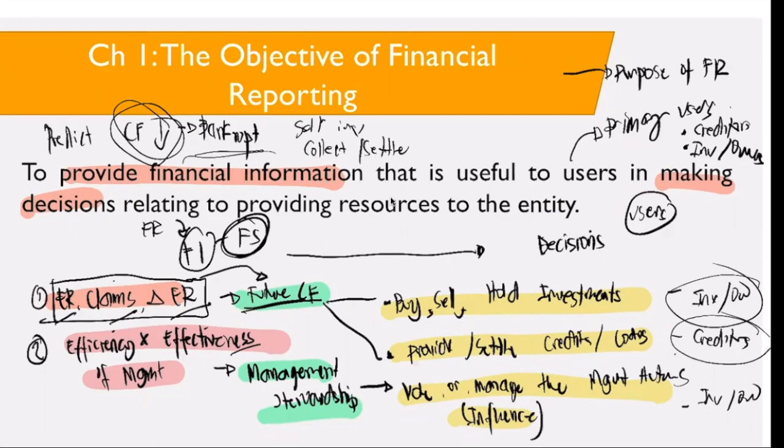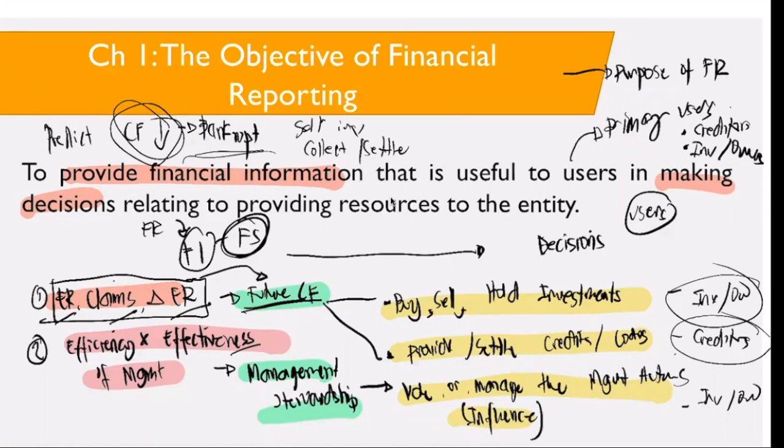Okay, so here in our objective of financial reporting, we further discuss the information and the decisions that are made by your primary users. Again, who are your primary users? Creditors, investors, or owners. And what decisions can they make out of the financial information? We have buy, sell, hold investments, provide or settle credits or loans, vote or manage, influence the management actions.